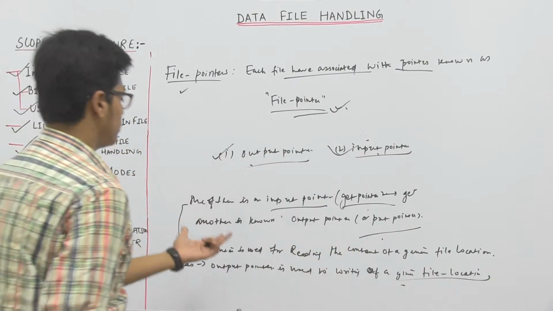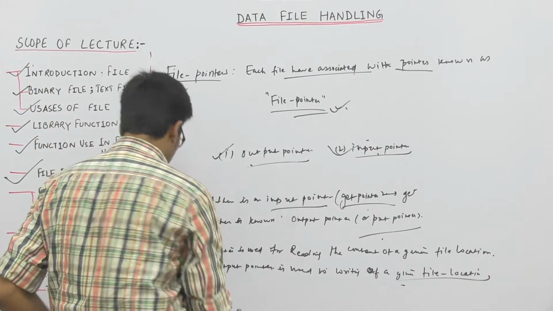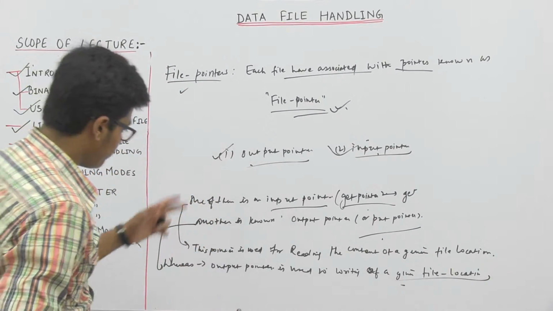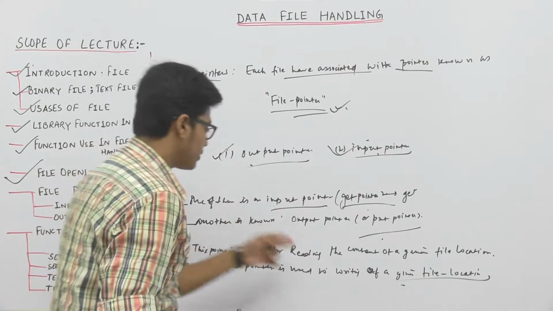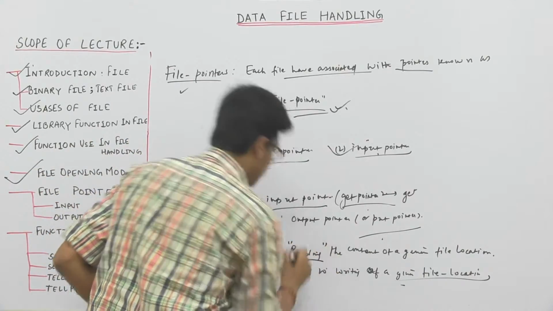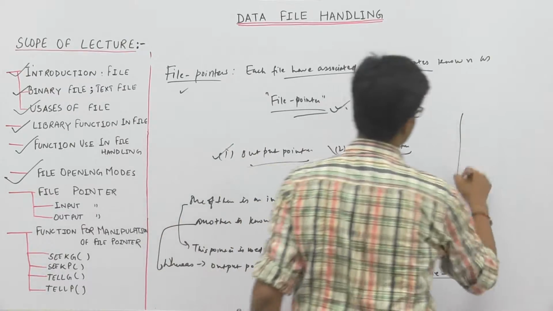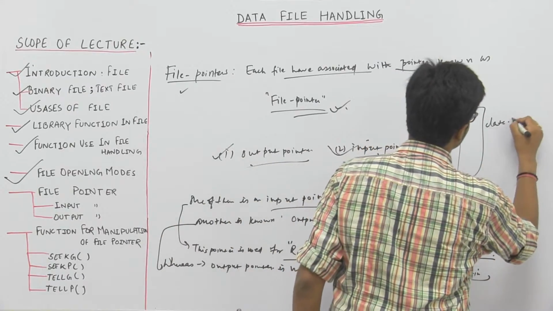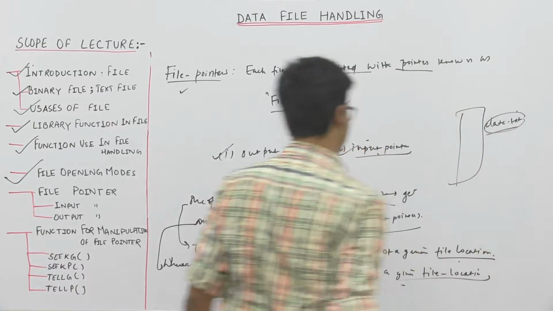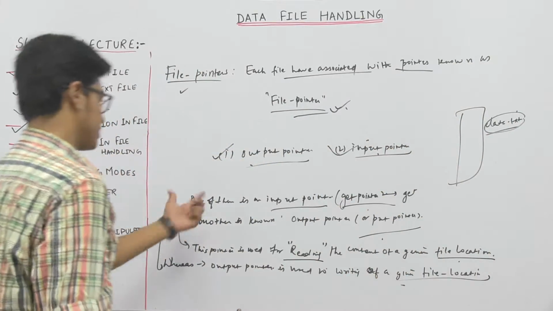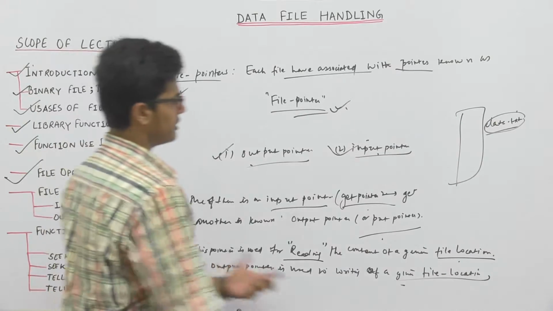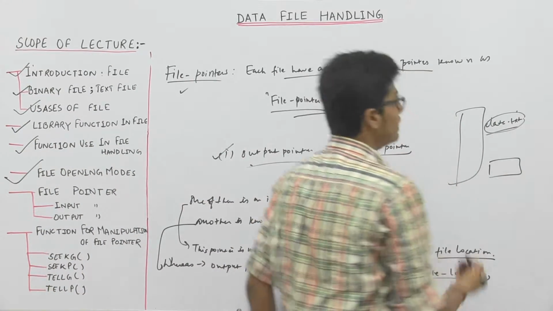The input pointer is used for reading the content of the given file location. What is the file location? Suppose you have data.txt, and you want to read at the file location, then the input pointer is used, because it stores the address of the location. You already studied about pointers.